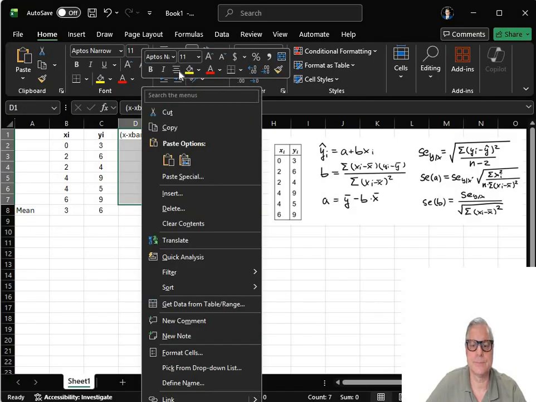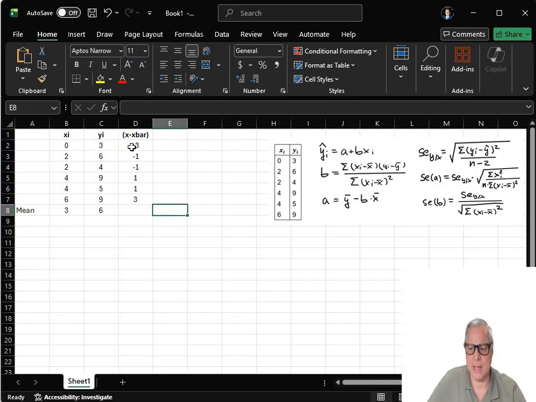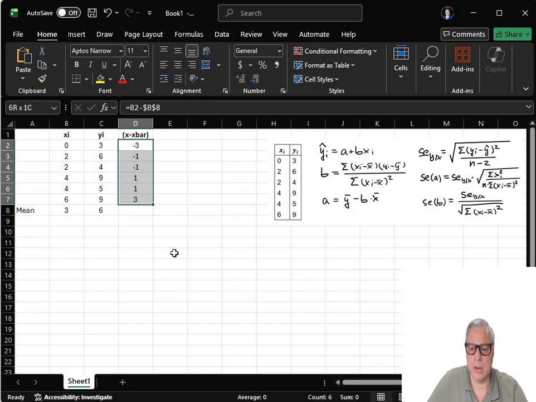And you see the sum of the xi minus x bar is always 0. We can see if we sum up all those values, you can see down here in Excel that the sum is 0.